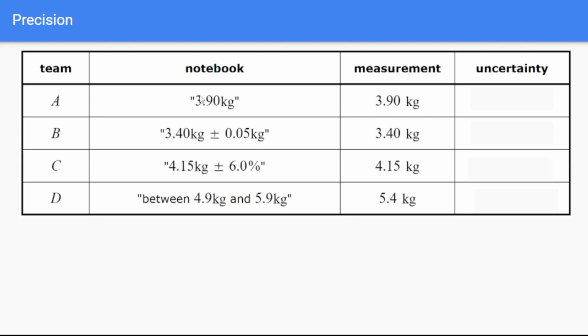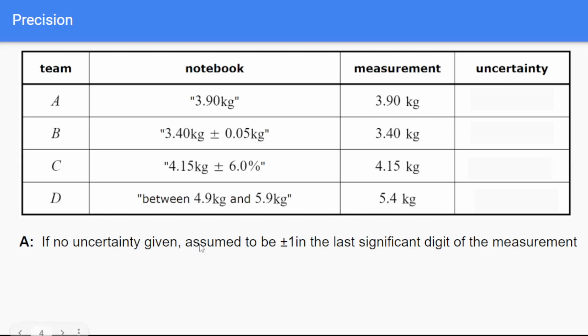So this example where you have no precision listed, we can assume that plus or minus 1 in the last significant digit of the measurement is your precision. So plus or minus 0.01. See, our last significant digit is that 0, so plus or minus 0.01.